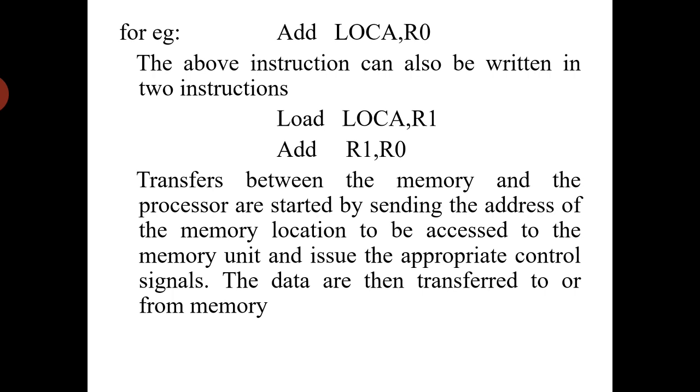After the addition is completed, the ALU sends the sum to the R0 register, because R0 also works as the destination register. So the sum is stored in R0. From there the result is sent to the output device.